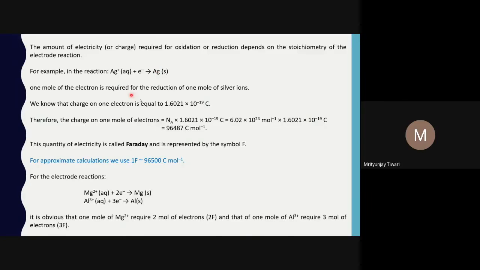However, we may have certain reactions like Mg2 plus. Mg2 plus requires two electrons to get reduced to Mg solid, the magnesium atom. Or similarly, aluminium 3 plus requires 3 electrons to get converted into aluminium metal.